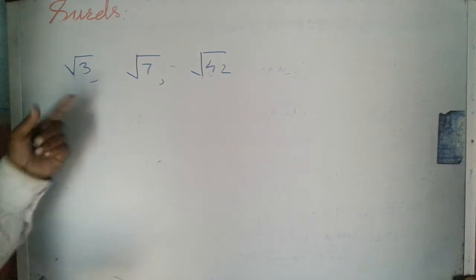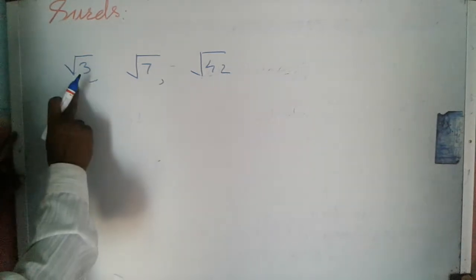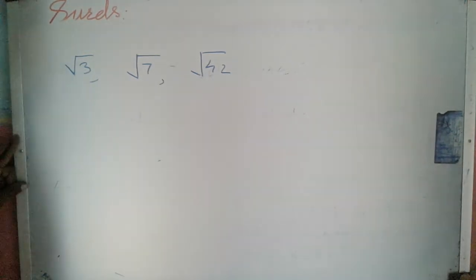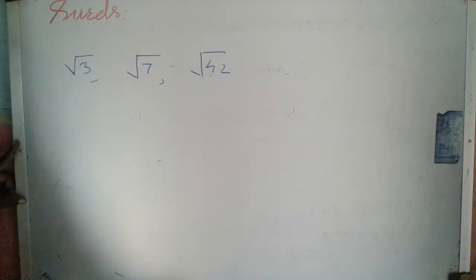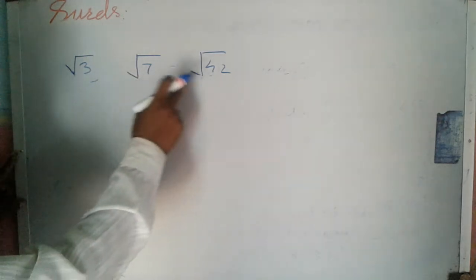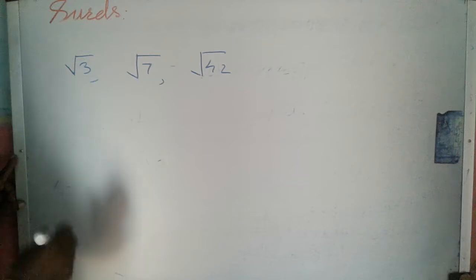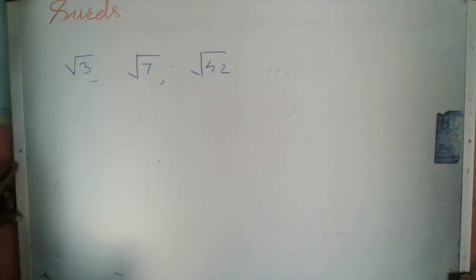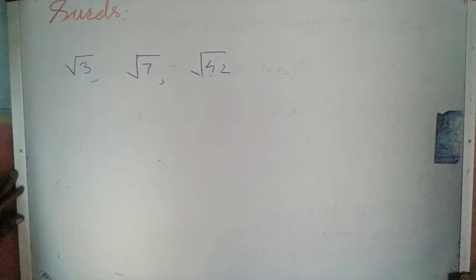Now see these surds: root 3, root 7, root 42. The order of each surd is 2. And such surds are called quadratic surds.